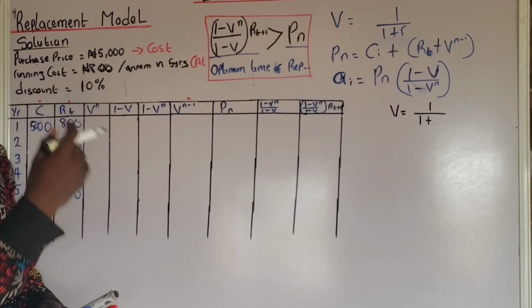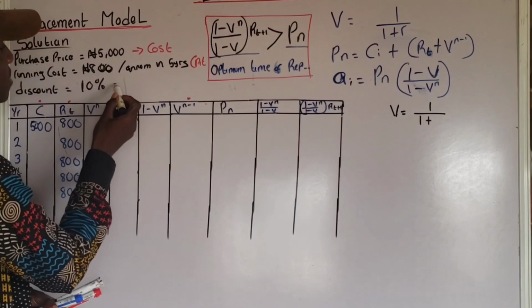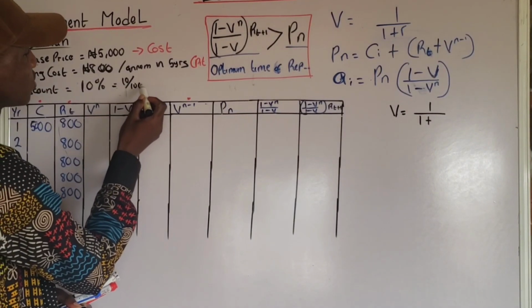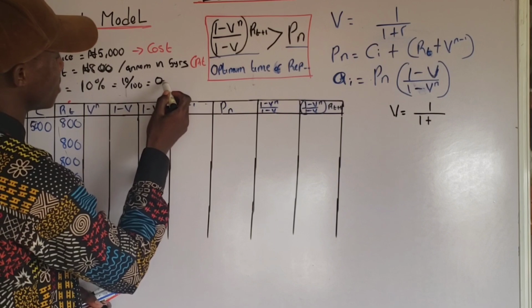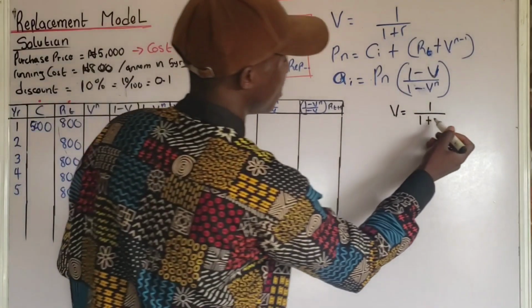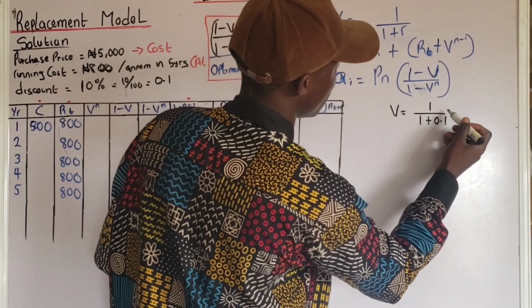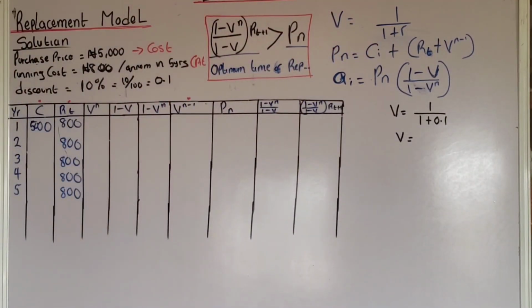Discount rate is equal to 10%. And 10% simply means 10 all over 100. So I'm going to have 0.1 as 10 over 100. So here I'm going to have 1 plus 0.1. So v is equal to 1 divided by 1.1.